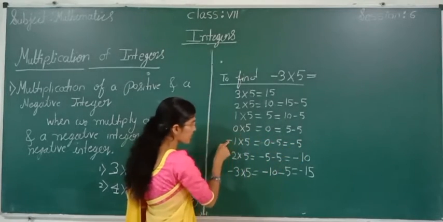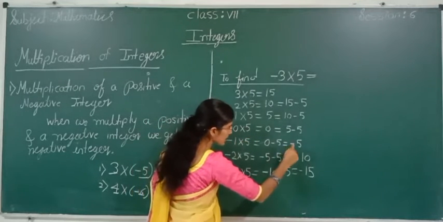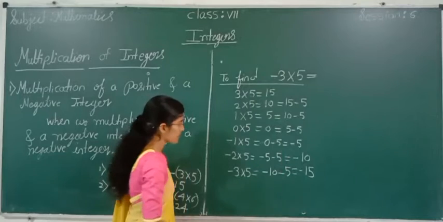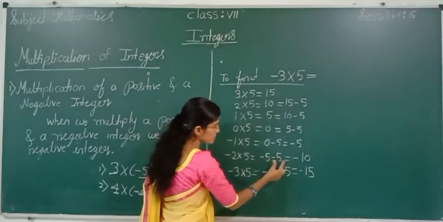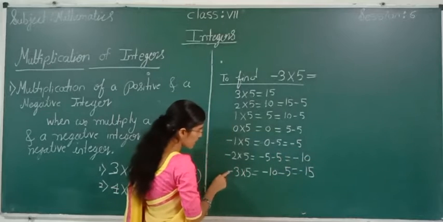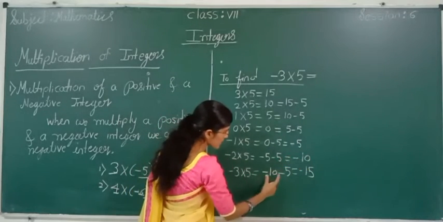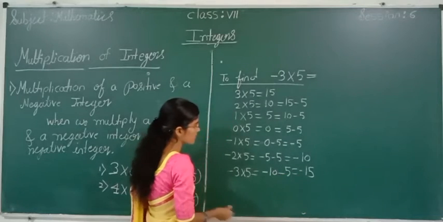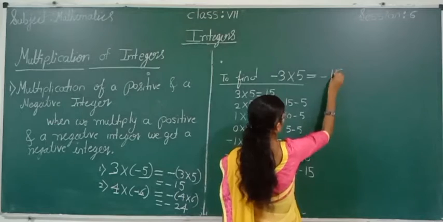See here, when we multiply a negative integer and a positive integer, we again get a negative integer. Minus 2 into 5 is minus 5 minus 5, which is minus 10. Minus 3 into 5 is minus 10 minus 5, which is minus 15. So minus 3 into 5 is minus 15.